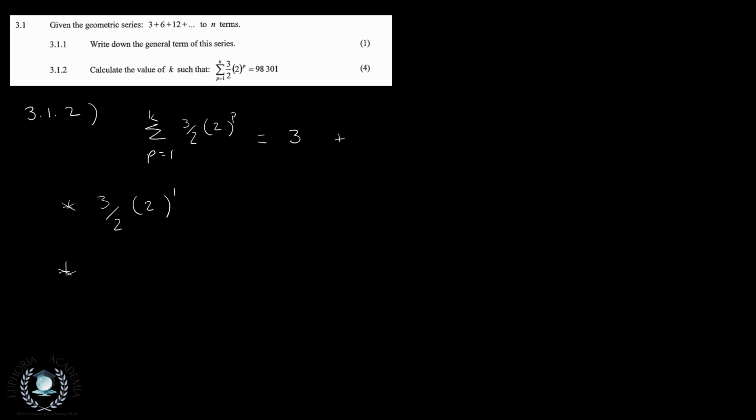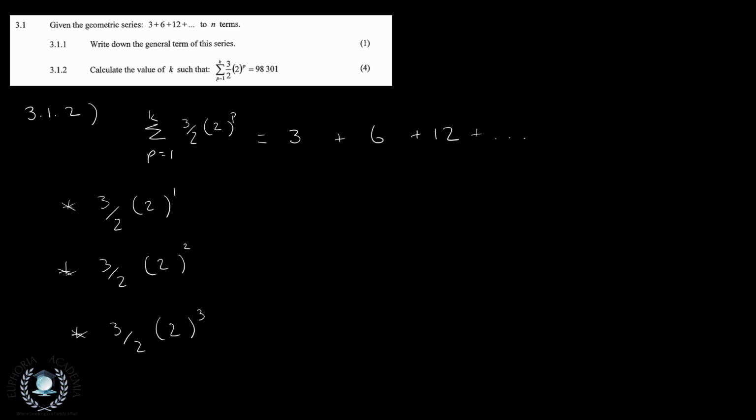For the second one, p is equal to 2, and we find that that is equal to 6. For the third one, p is equal to 3, and that equals 12.